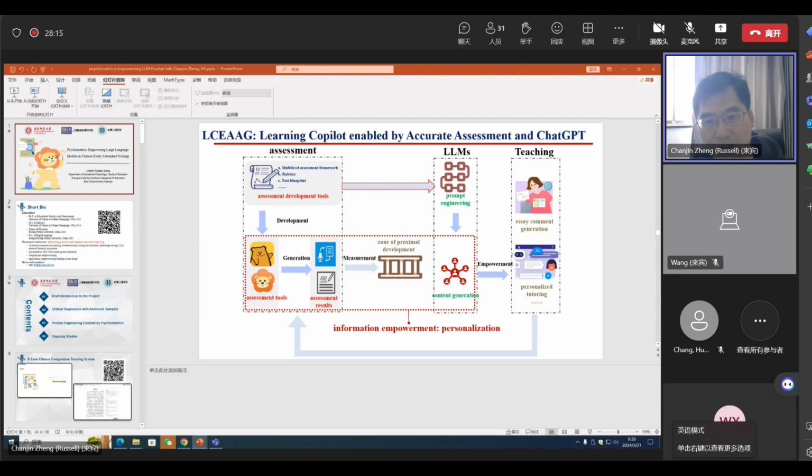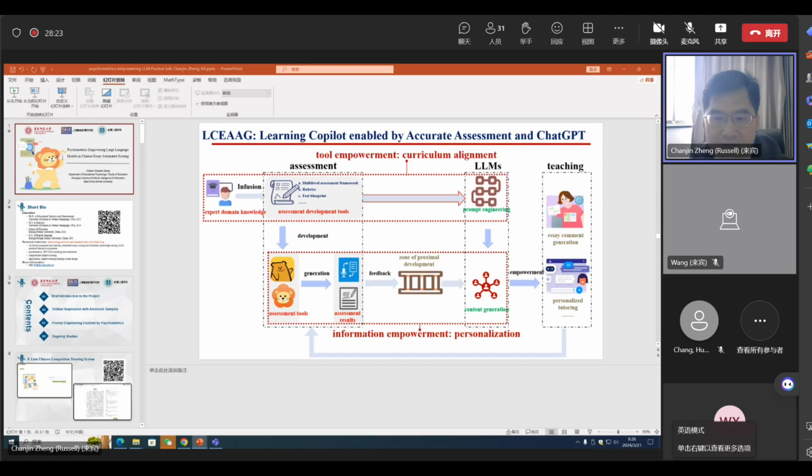For example, we have rubrics and so-called assessment frameworks, right? If you view all these devices from the computer science or artificial intelligence point of view, they are defined by experts and carry domain knowledge. If you have this assessment framework, it can tell you what should be assessed in a particular field, like an essay. We call it curriculum alignment. Basically, you have this alignment, which can eliminate hallucination.